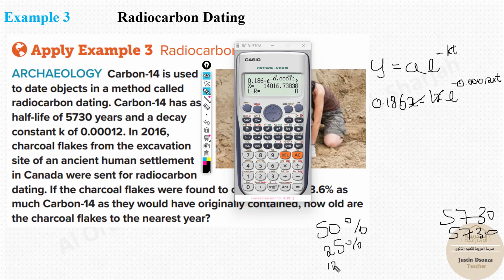If it was 12.5%, then you add another 5,730. If you add all this, it'll be about 17,000. It must be less than 17,000, because 18 is somewhere over here, and it is more than 12.5, so more than 11,460 and less than 17,000. So yes, this is in between. So approximately this is correct, and this is absolutely correct because we used the formula as well.